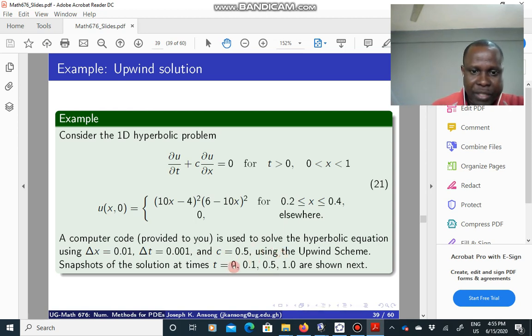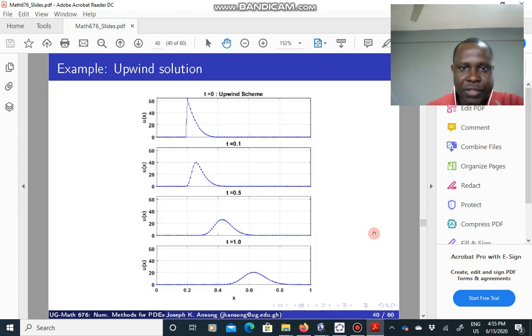When t is 0, you just plot this initial condition. Then the solutions at t equal to 0.1, 0.5, and 1 are shown here, using the Upwind scheme. When t is 0, this is the initial condition: everywhere it's 0, but between 0.2 and 0.4 you have this function. As time increases, see that this hump does not retain the same shape.